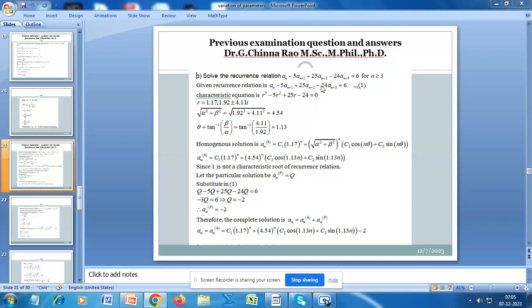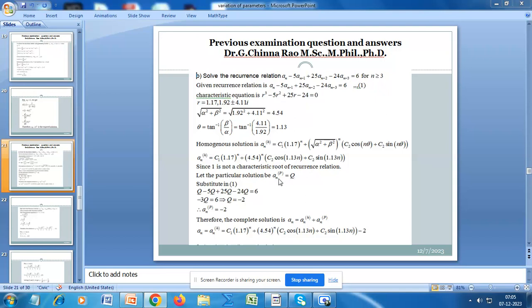And observe that on the right hand side we have 6. It is a constant. When the right hand side is a constant or a polynomial, first you check whether one is a part of the characteristic root or not. If one is not a part of the characteristic root, then write the particular solution as q, because the right hand side is constant.